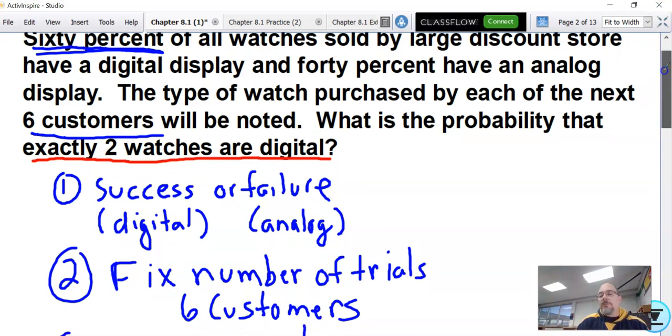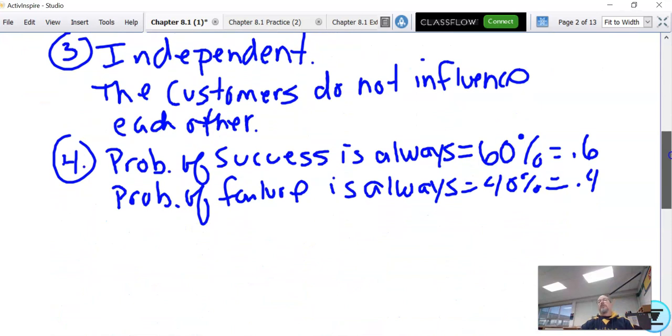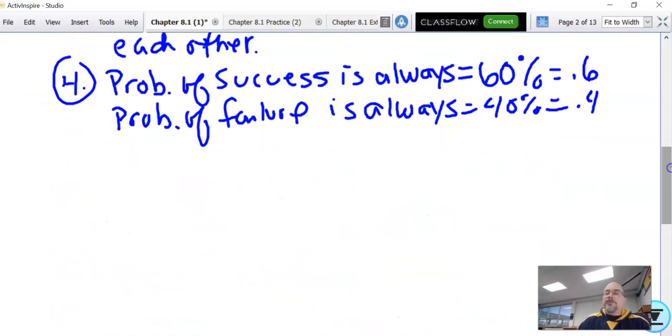All right, now, this next part, again, I'm going to show you how to do this a lot quicker, but I'm going to start off thinking about this. Well, the first 2 customers that come in might buy digital, and then the next 4 are going to buy analog.